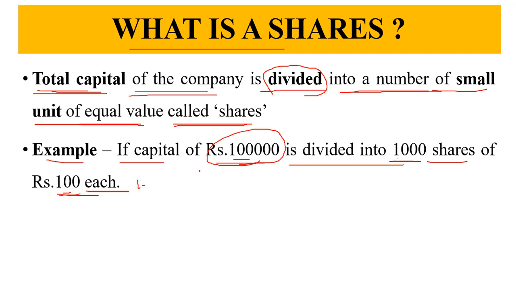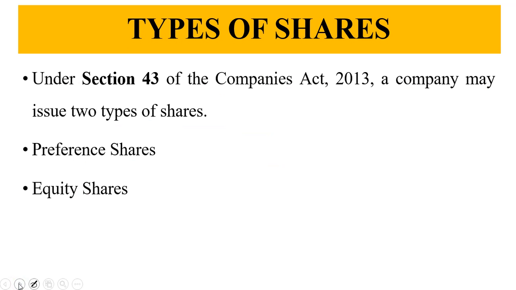So the total capital which is divided into small units, that is 1000, is nothing but shares, and the price of each share is equal. So this is a share. Now we'll move to the types of shares.